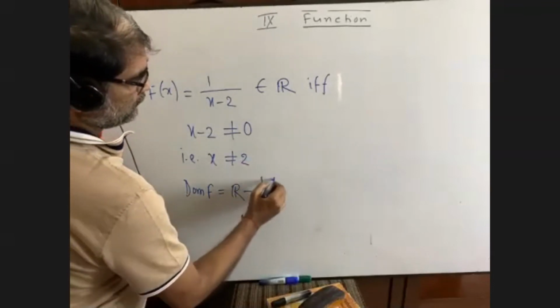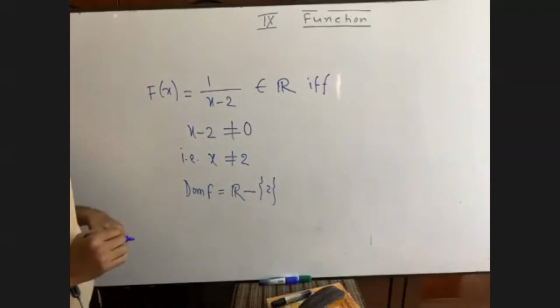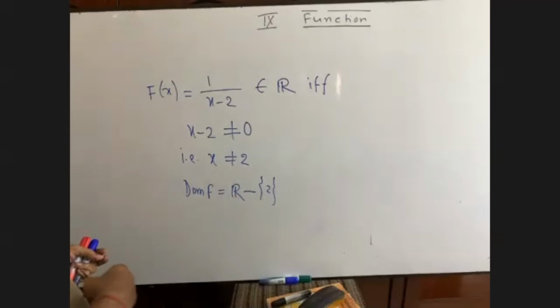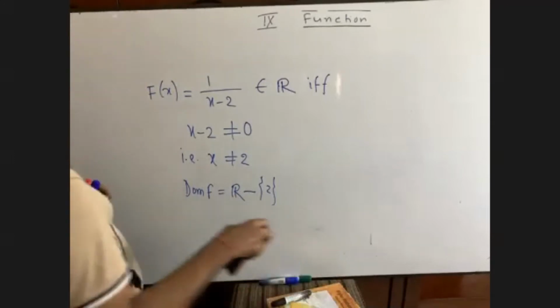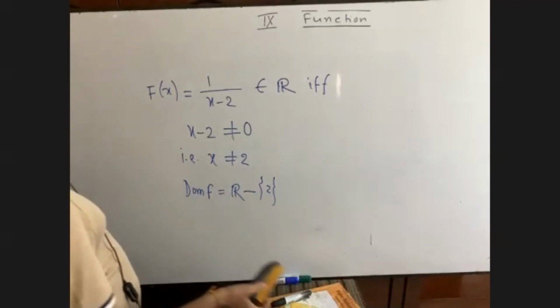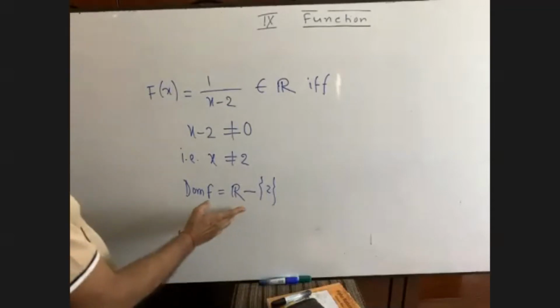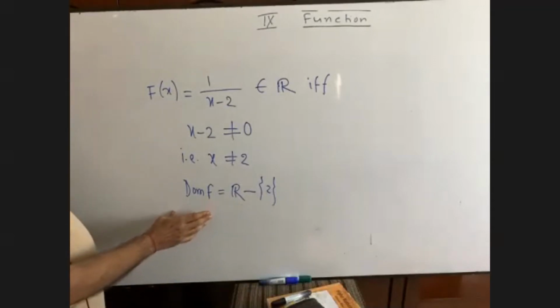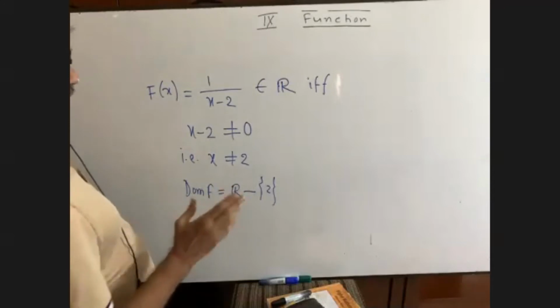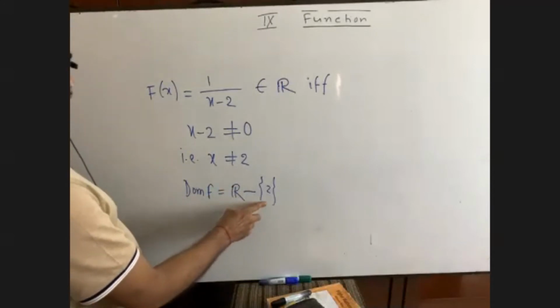Domain means all real numbers except 2. Is it okay? Domain means all values of x, real numbers, but not 2.